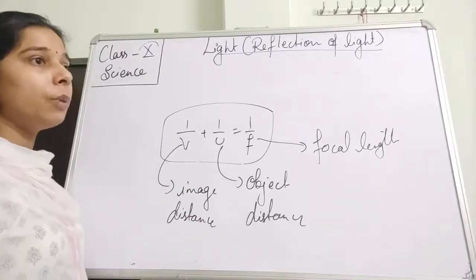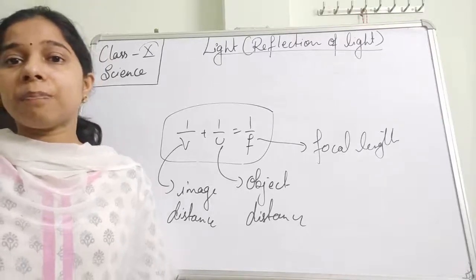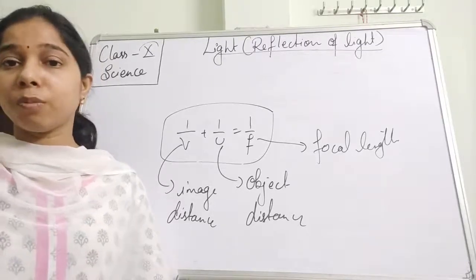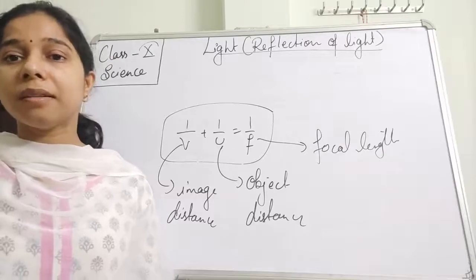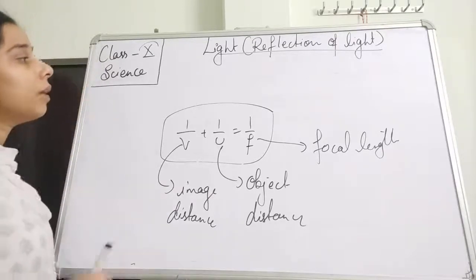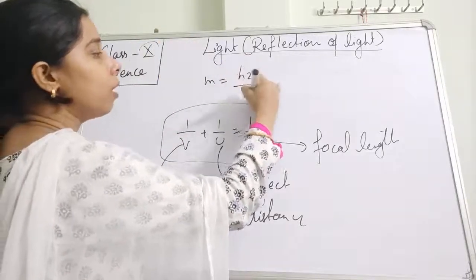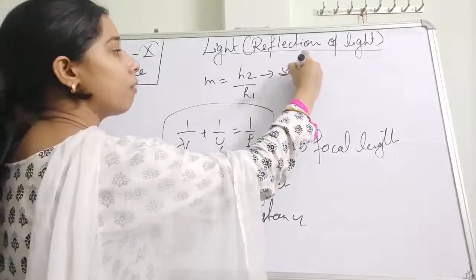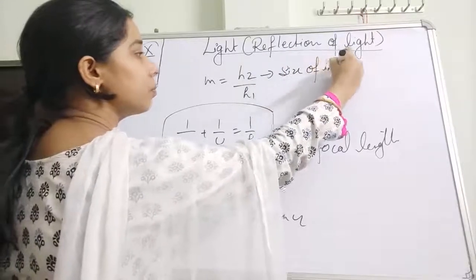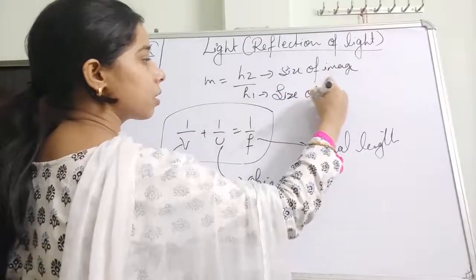Now here we can also find the size of the image, meaning how much magnified or enhanced the image is. The size of the image or that of the object can be found with the help of the formula m is equal to h2 upon h1, where h2 is the size of the image while h1 is the size of the object.